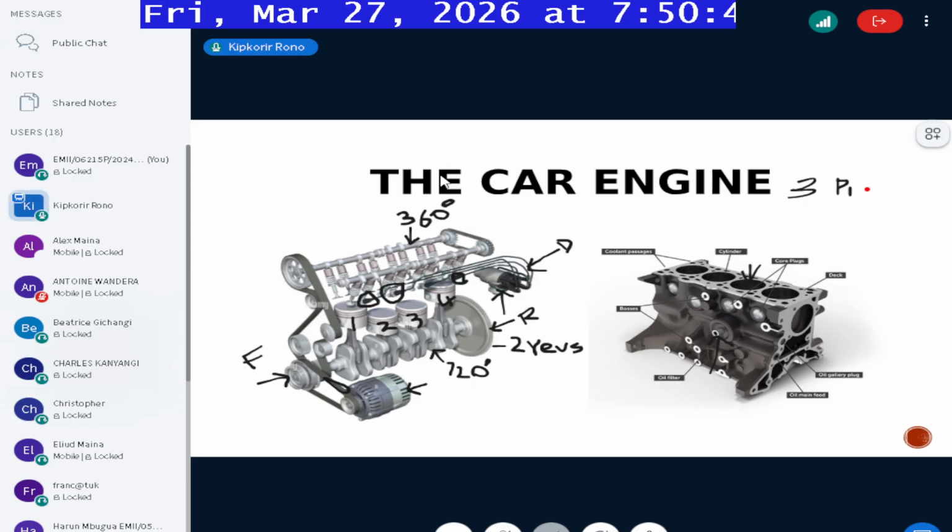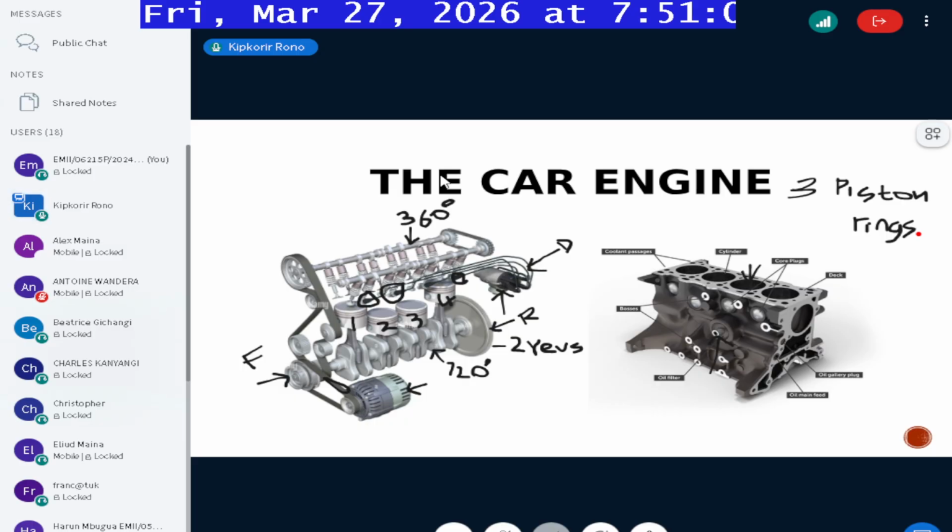I want you to find what the function and the purpose of the piston rings are. Piston rings are normally used for a number of things. I want you to read it, and then you'll be able to summarize in your notes. So find the 3 piston rings. You should be able to know the 3 of them as well as their function.